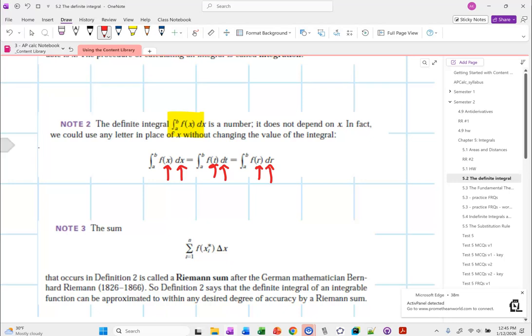Just as if I take the derivative of x squared with respect to x, it's really the same problem as if I take the derivative of t squared with respect to t. If I integrate f of x with respect to x, or if I integrate f of t with respect to t, I'm going to get the same area under the curve. Is everybody okay with that?